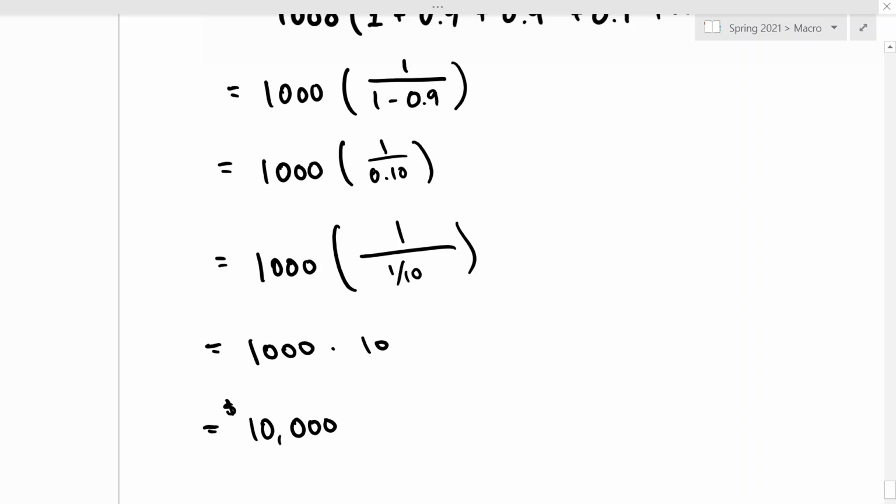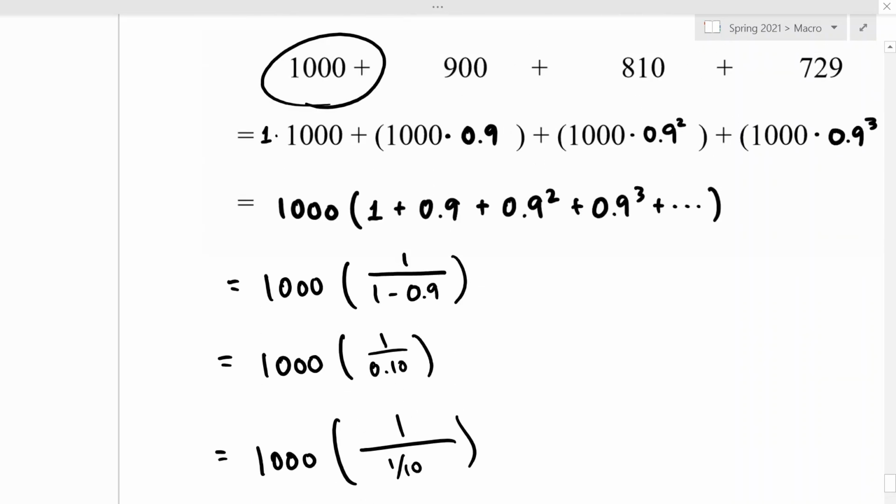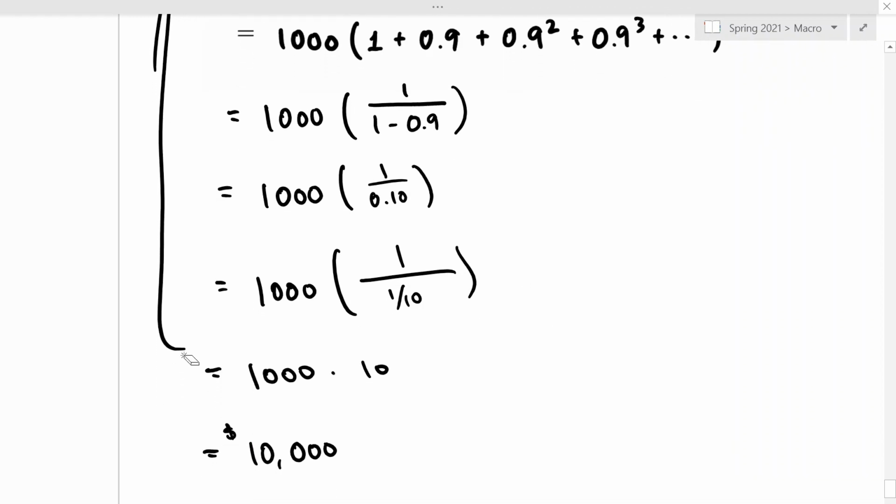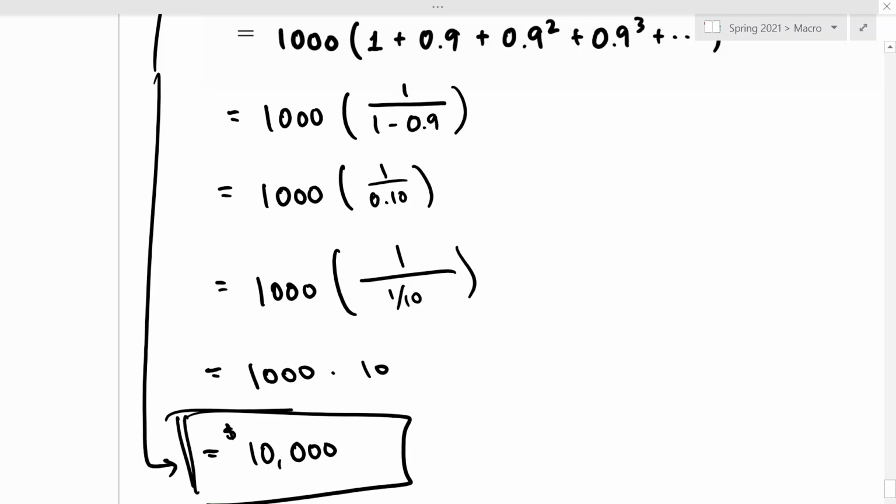We started with a deposit of $1,000, and that through the banking system turned into $10,000 through that process of depositing and lending and depositing and lending. And so this is what we end up with, $10,000.